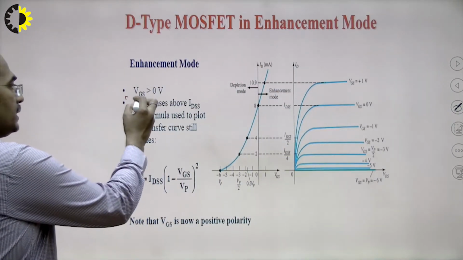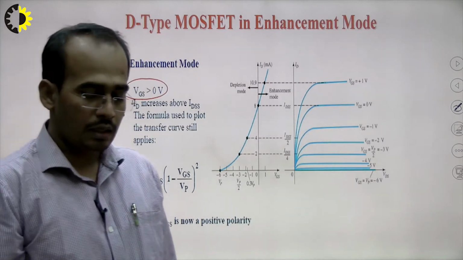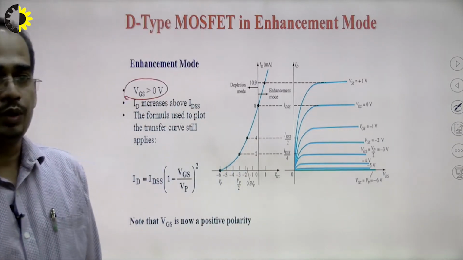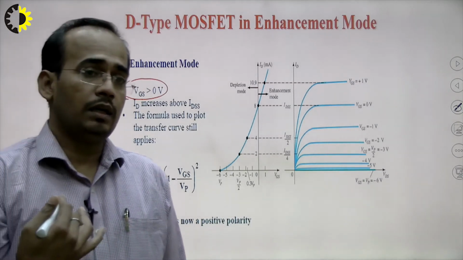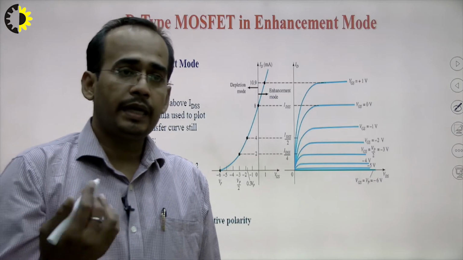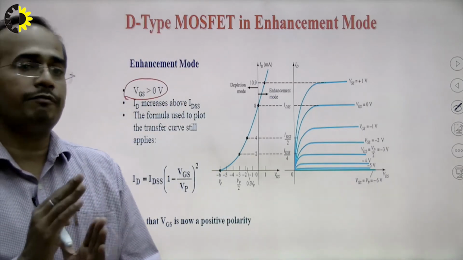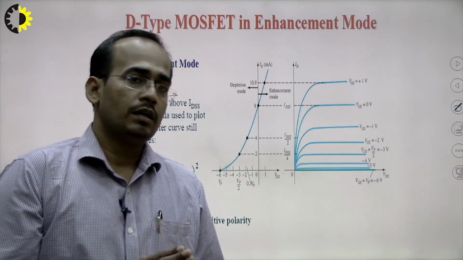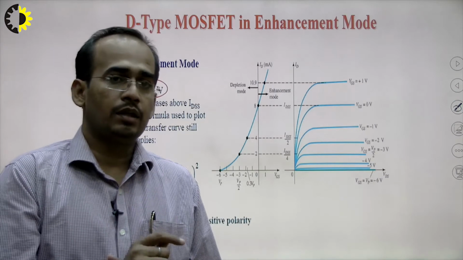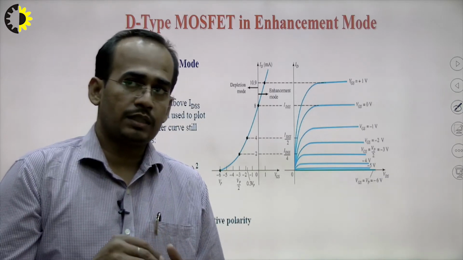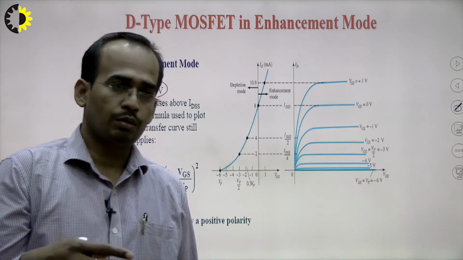In the case of depletion mode, why is it called depletion? Because by increasing the negative gate to source voltage, the drain current ID decreases, or you can say the majority charge carriers start depleting in the N region, recombining with the electrons flowing from source to drain through the channel.